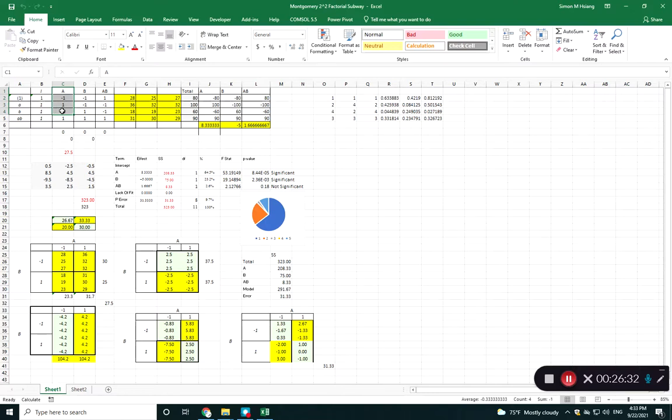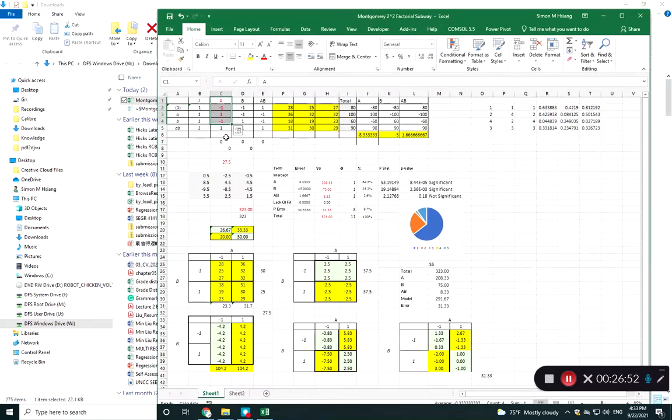I have an A effect, and the A effect is low and high. So let's just say low is -1, high is +1. Yeah, it's not for you, okay, it's for myself.